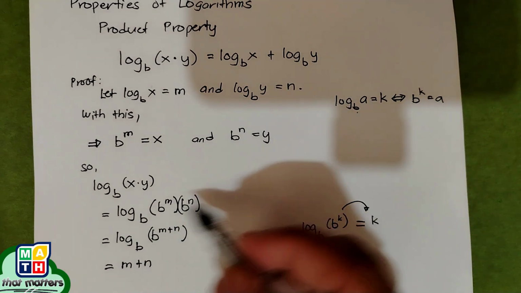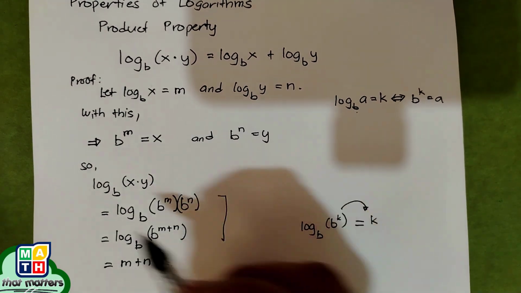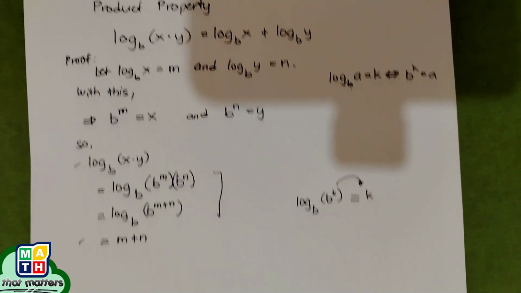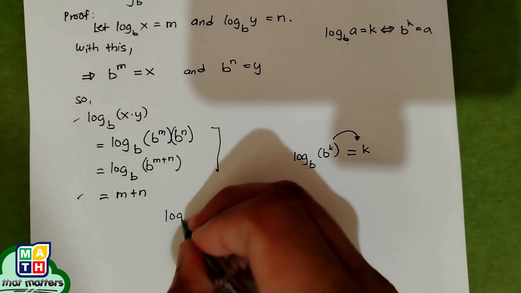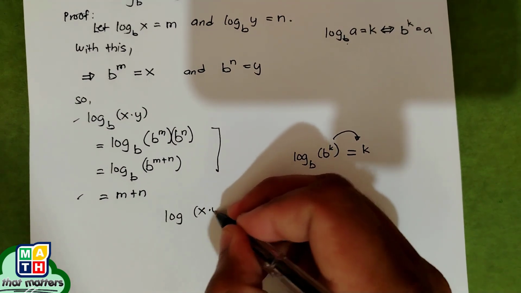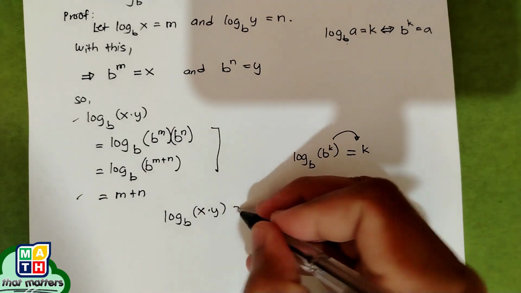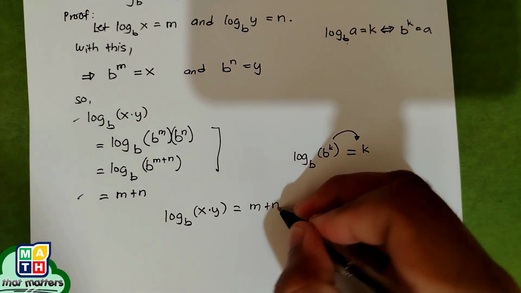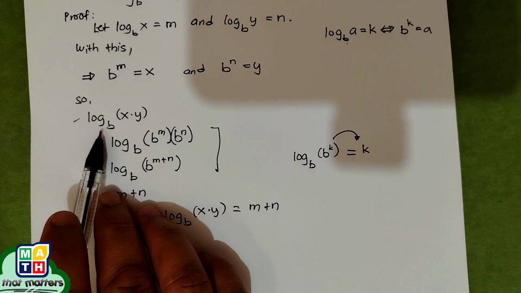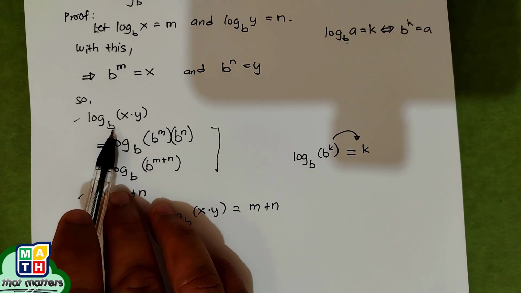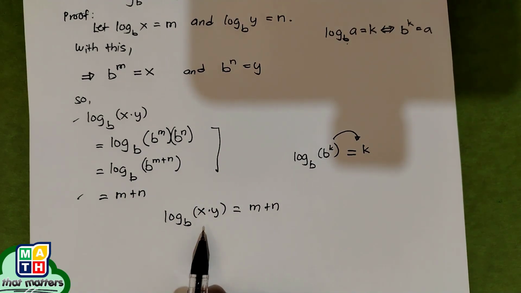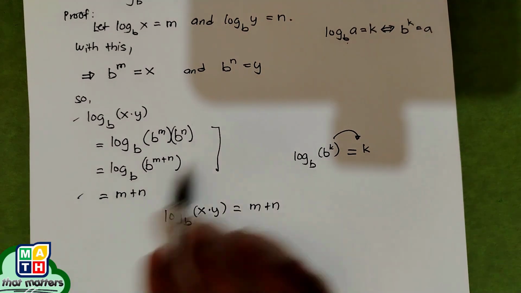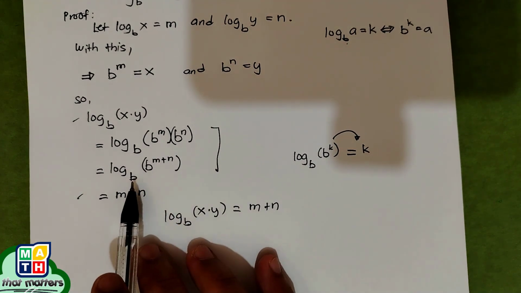Now, cutting this short, removing this, and only copying these two, we'll have the logarithm of the product of x and y to the base b is equal to m plus n, as shown by this process.